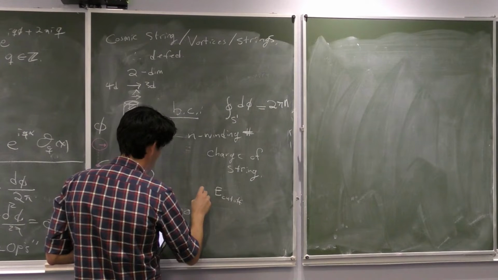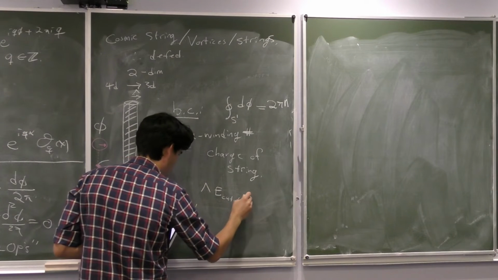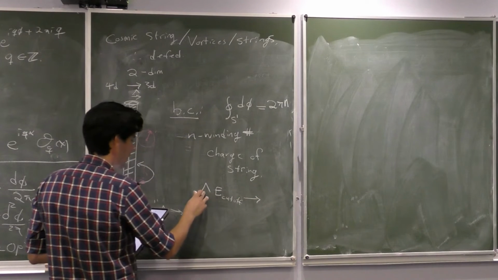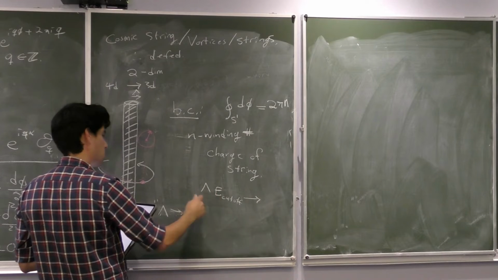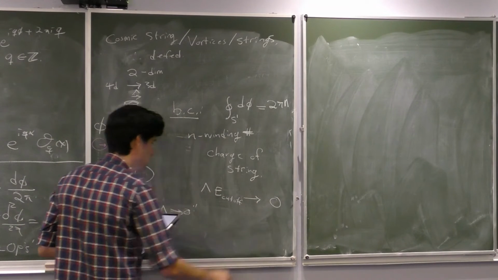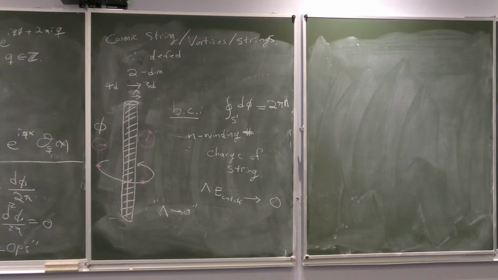Sorry, I'm mixing. Take the limit of lambda, or E cutoff, so that this quantity goes to 0.